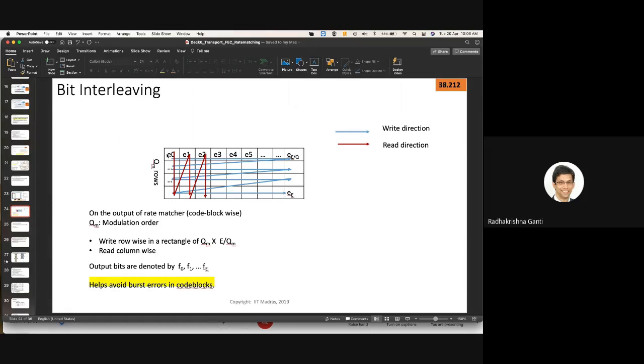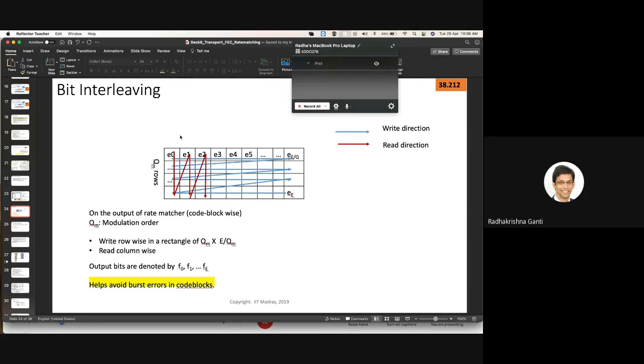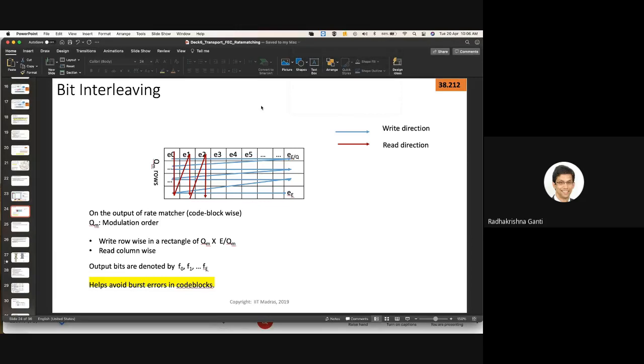they interleave the bits. What they mean by interleaving the bits is, you have a bunch of bits from the code block after rate matching. They write the bits row wise, and the output they read column wise.